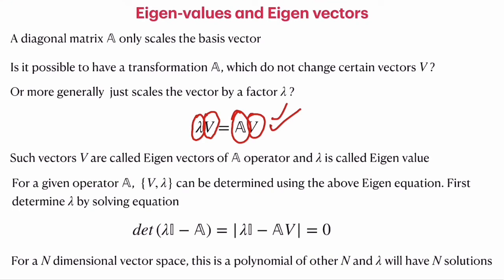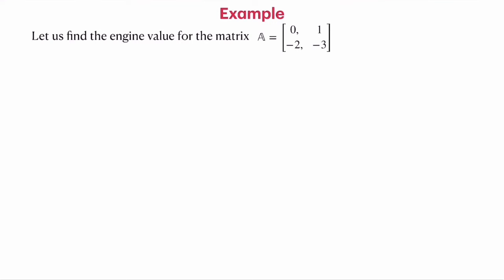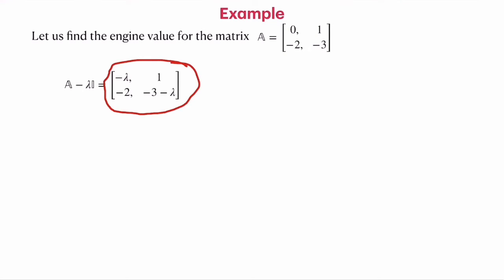In that case, let's take an example and see how we can solve this eigenvalue problem systematically. Let's take the simplest matrix in 2 dimensions: A is equal to 0, 1, minus 2, minus 3. First we have to solve the characteristic equation, that is matrix A minus lambda times the identity matrix. After a trivial simplification, you get this condition.